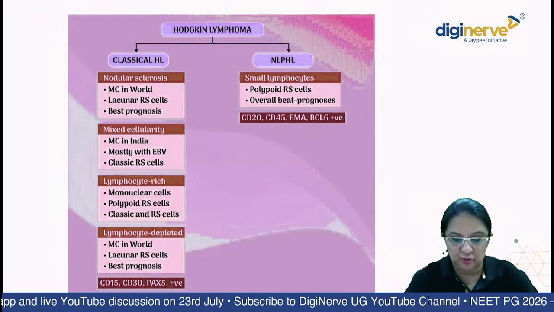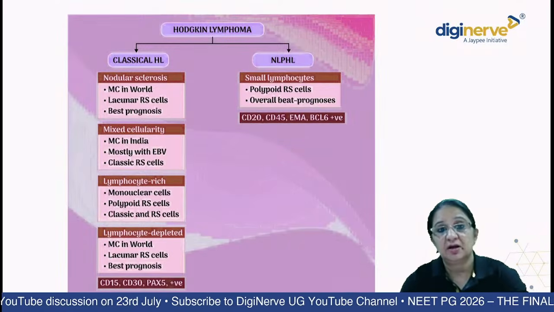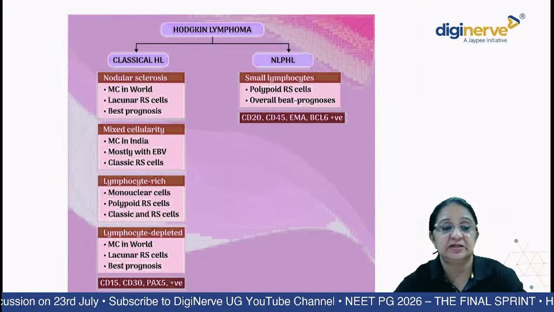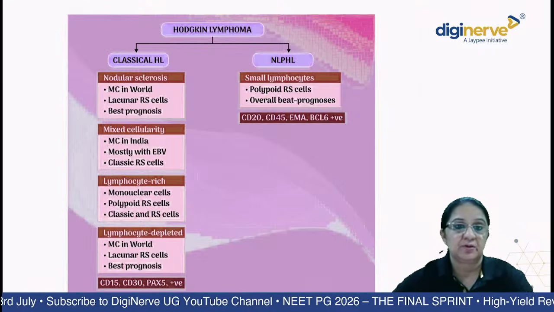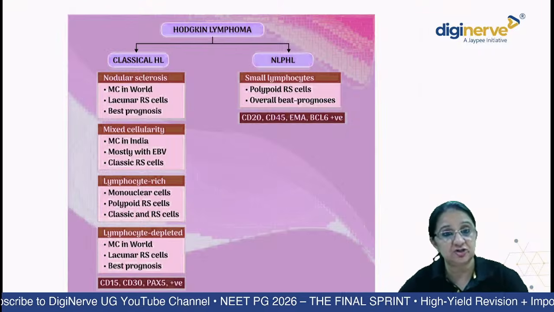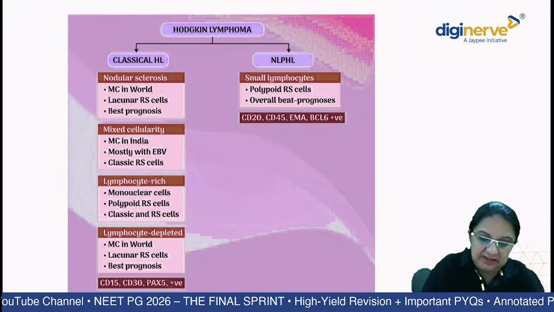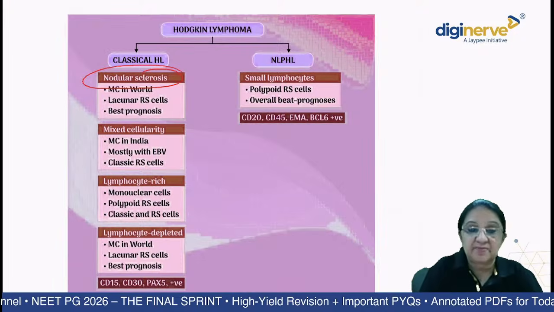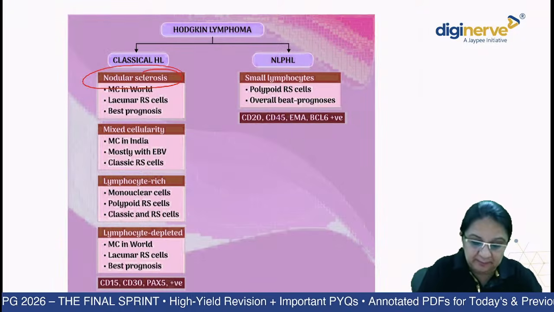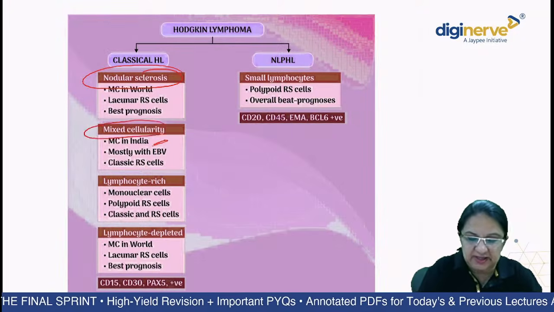Very important questions for your exam: first of all, what is the most common classical Hodgkin lymphoma in the world? It is nodular sclerosis. If they ask you in India, it is mixed cellularity.